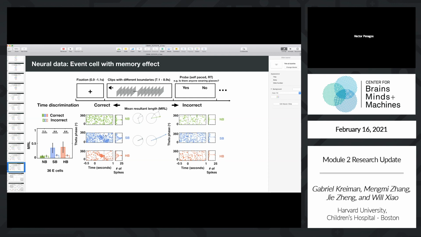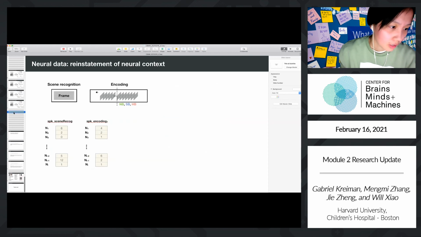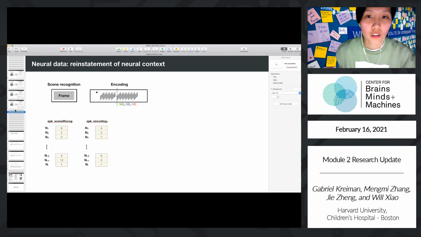Exactly right. So if that's the case, what do you think about this influence of the data phase in that encoding, which is in a way unpredictable at the time of the test, right? Yeah, I think that's a good point. Another thing I haven't presented here, which might be related to your question, is that for the retrieval data, we're also looking at the reinstatement of the neural context.